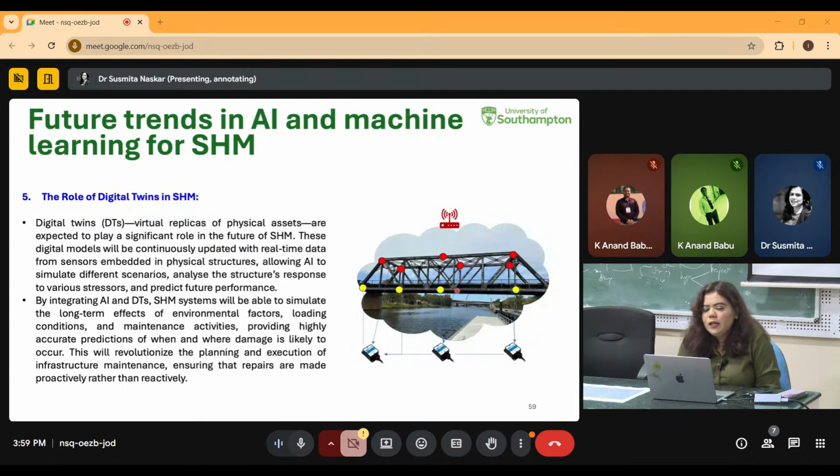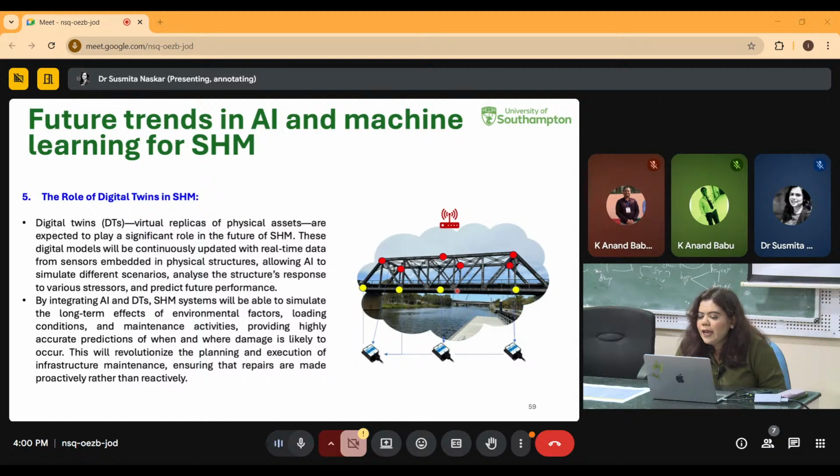And then the role of the digital twin. As I was saying, we are not going to cover digital twins in this course, but it's very important for you to understand how a digital twin works and what exactly we mean by DTs, right? DTs are basically virtual replicas of physical assets such as bridges, tunnels or models. So in the future of SHM, DTs will be continuously updated with real-time data from the sensors embedded in the physical structure.